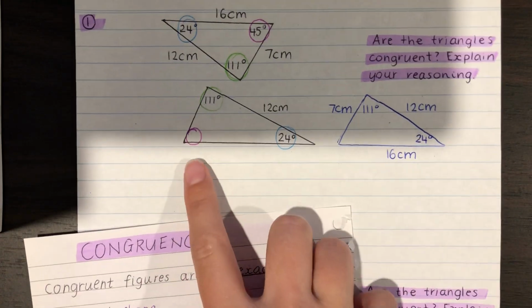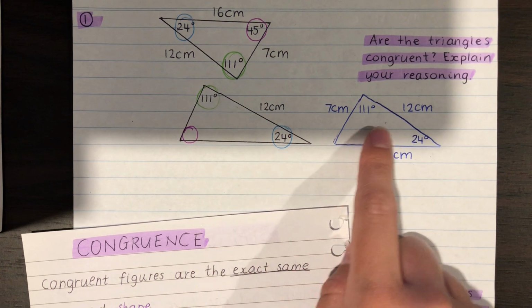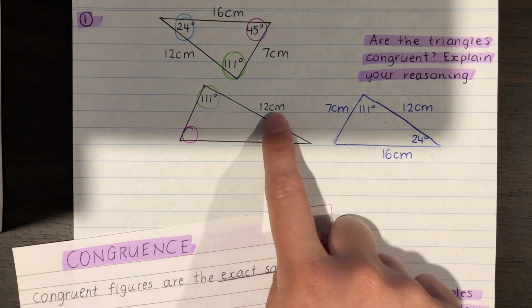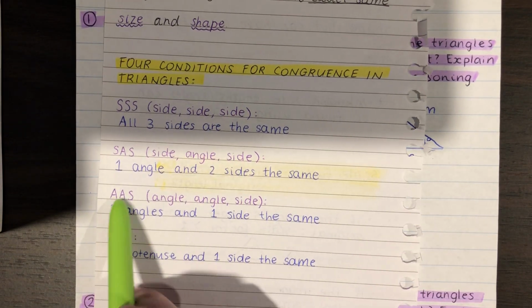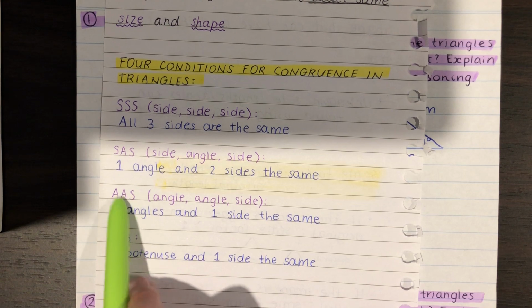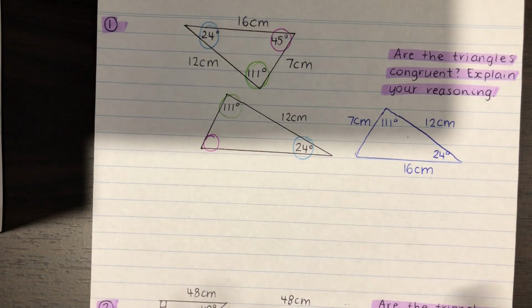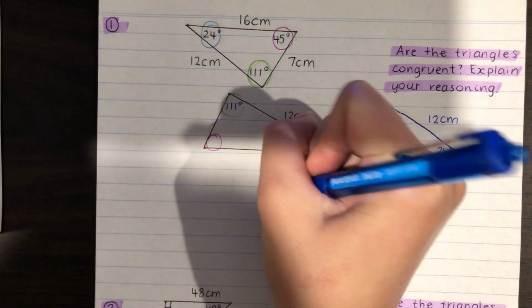Well, these two triangles: angles the same, sides the same. So these two triangles are congruent because they fit the condition AAS. So I'd write yes.